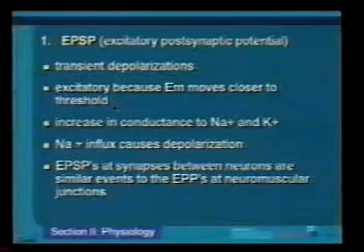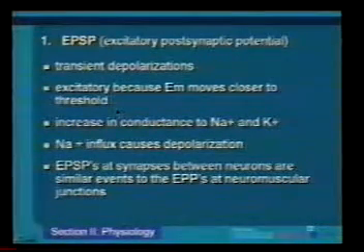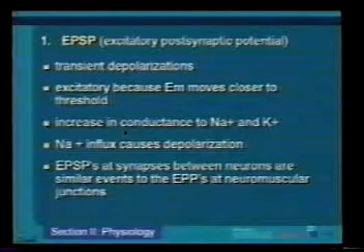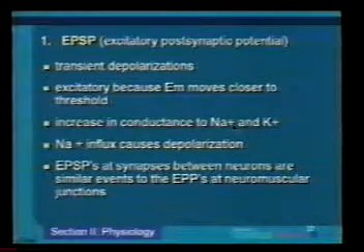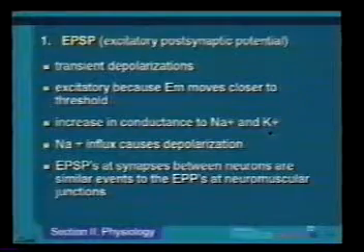Now, the mechanism that generates an EPSP, we can assume it is due to an increase in the conductance to sodium and potassium. In other words, the mechanism that generates an EPSP is more or less identical to the one that generates an end plate potential. These two terms are location specific.